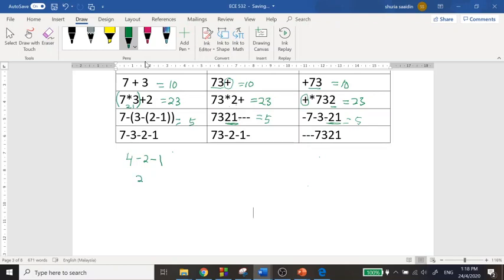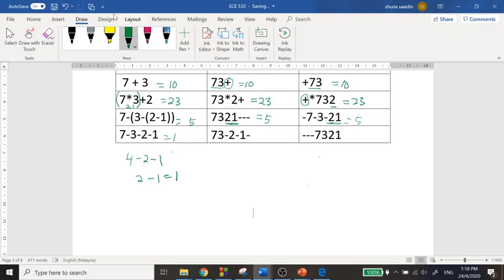And then you minus the result with 1. Okay, it becomes 1. Okay, that is how you do the expression in infix notation without the precedence, without the parenthesis. You have to do it from left to right.